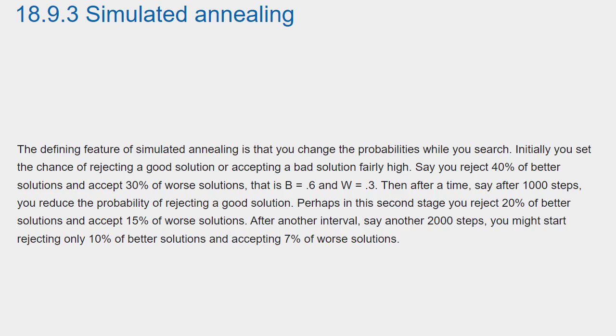Initially, you set the chance of rejecting a good solution or accepting a bad solution fairly high. Say you reject 40% of better solutions and accept 30% of worse solutions. That is, B equals 0.6 and W equals 0.3.